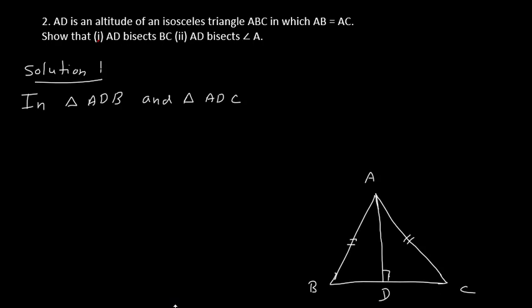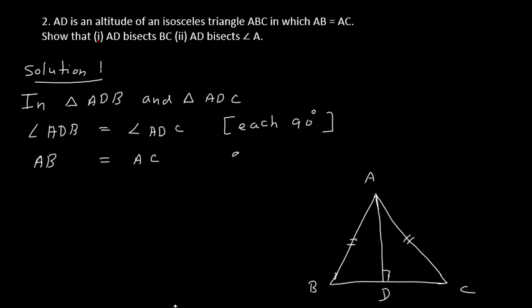angle D, that is angle ADB, is equal to angle ADC. Reason: each angle is 90 degrees. Then you have side AB. You can write hypotenuse, or simply you can write AB equal to AC.